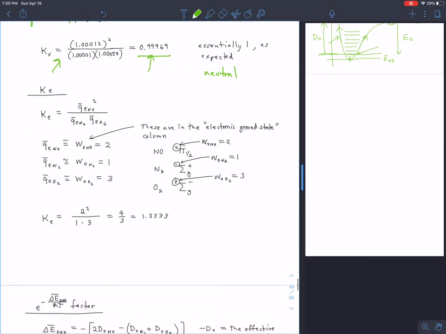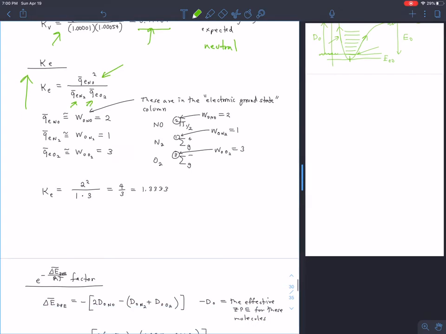Finally, the electronic contribution to the equilibrium constant. Again, it's the electronic partition function for NO squared over the ones for N2 and O2. In this case, the partition functions are just the ground state degeneracies for the molecules in question. For NO, the ground state degeneracy is 2, as we saw from those term symbols above.